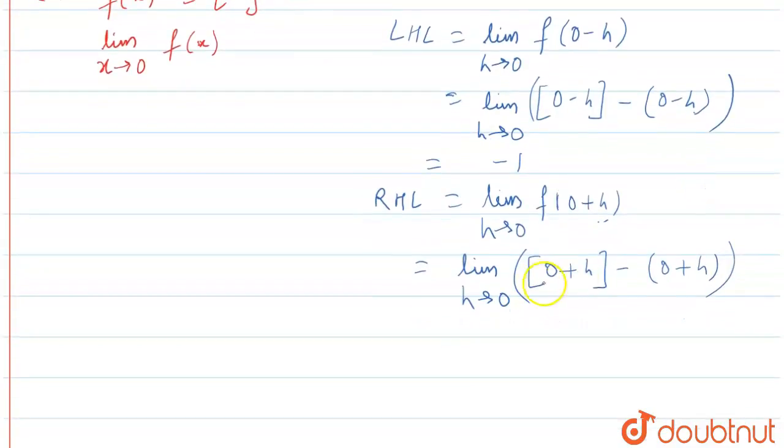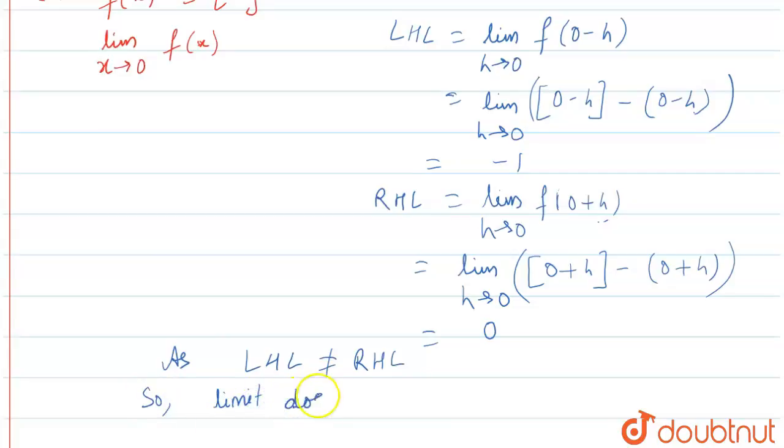For a value just greater than 0, the greatest integer will be 0 and h is tending to 0, so here RHL becomes 0. As LHL not equal to RHL, so limit does not exist in case of option A.